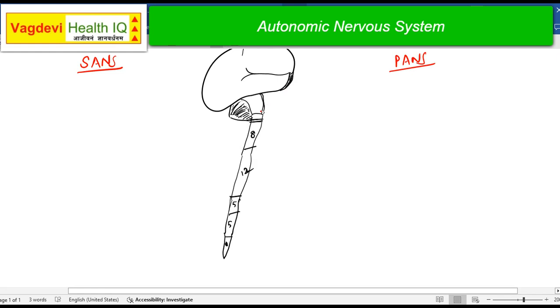You would have seen that. Basically, in the sympathetic nervous system, if you see, there are 12 pairs of nerves coming from the thoracic region.